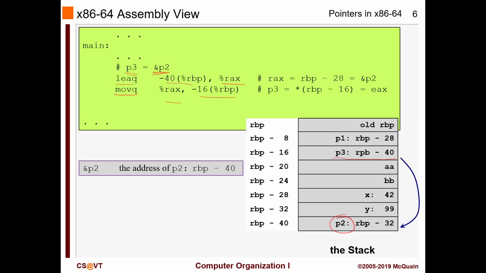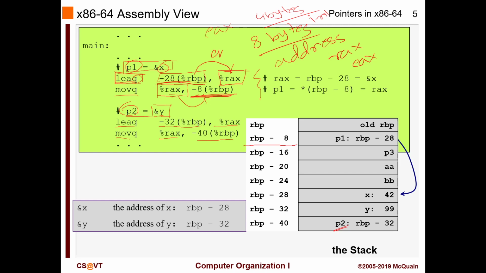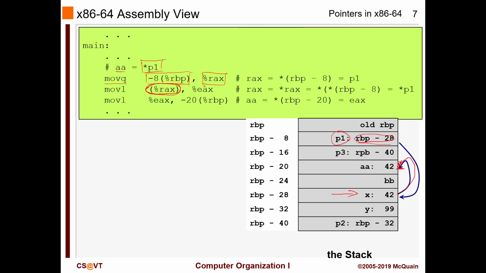If you remember the previous slide, it's pointing over here, and then we're going to get the value and put it into RBP minus 20. RBP minus 20 is basically AA. Okay, I made a mistake over here.